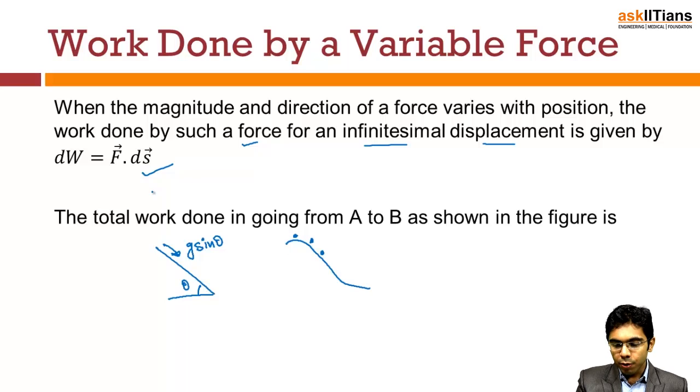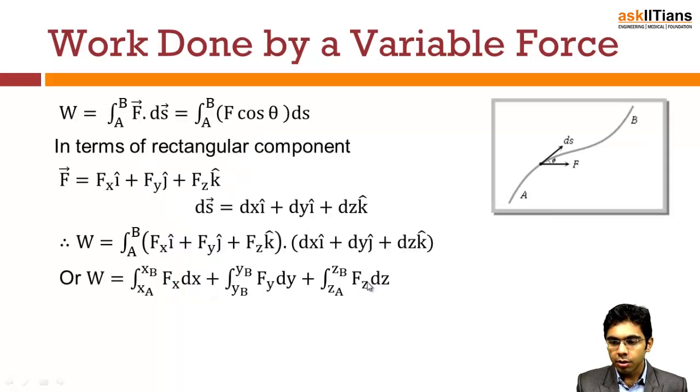So for the total work done going from, let's say, position A to position B, let's check the given figure. In this, it is moving from A to B. Now we have to find the total work done.